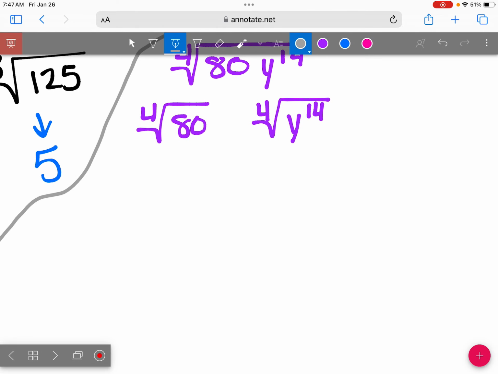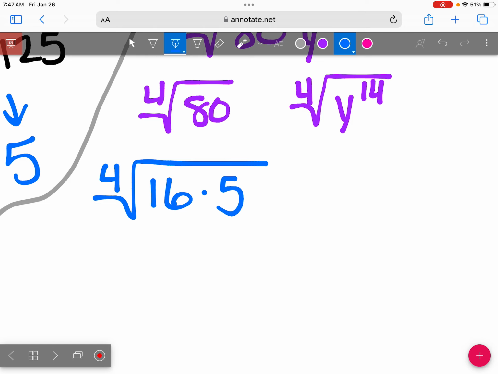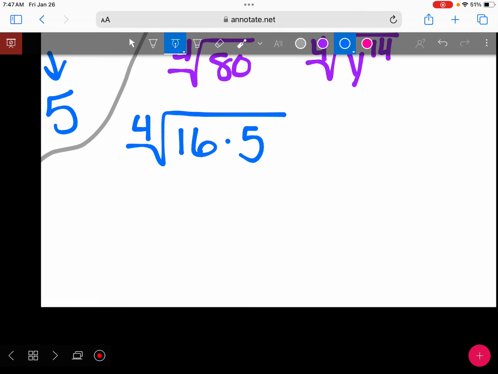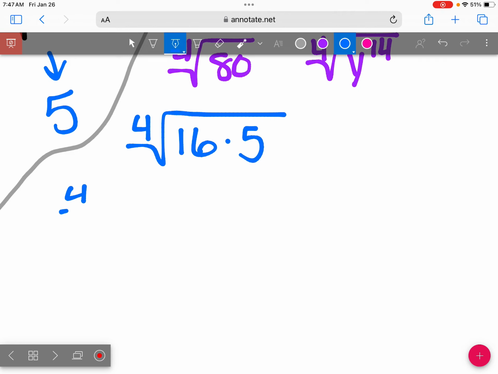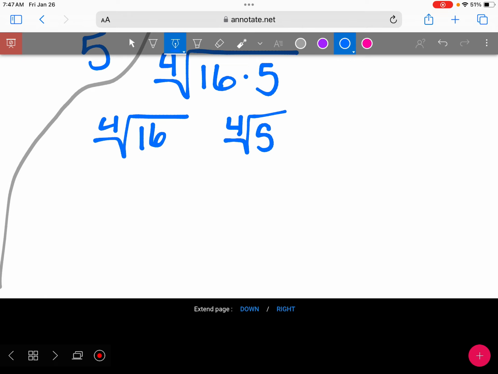We can rewrite 80 as 16 times 5. And we can then split those apart to be the 4th root of 16 and the 4th root of 5. We just saw on the screen the 4th root of 16 is 2. And then we have our 4th root of 5 that's just going to hang out.